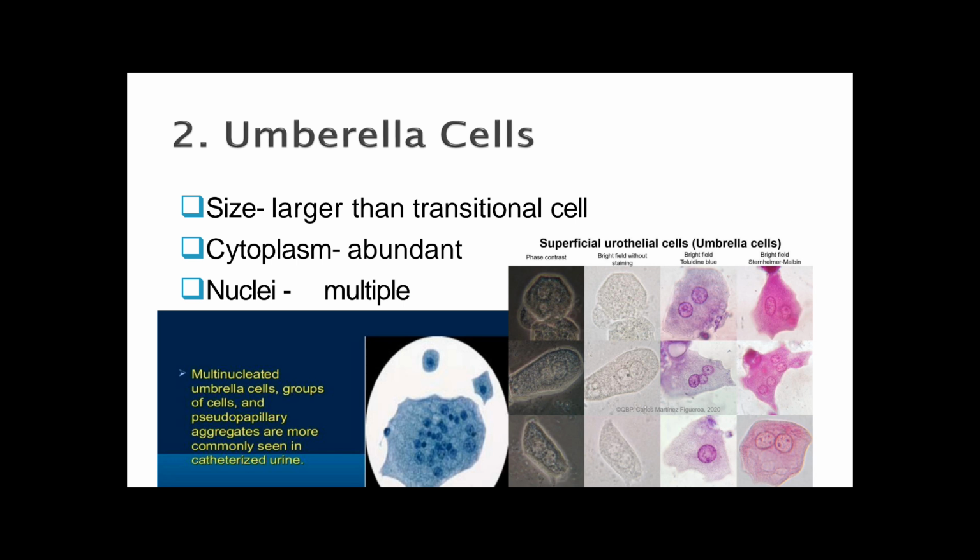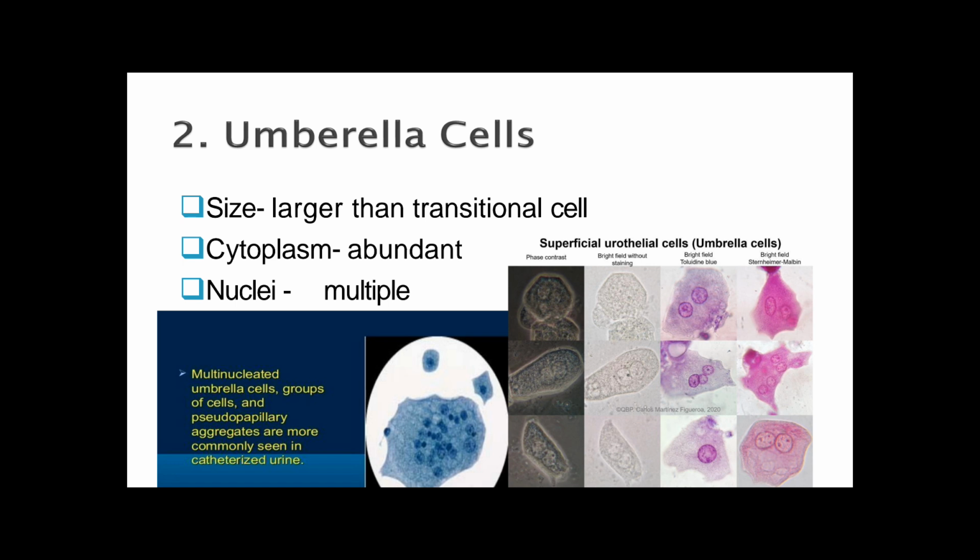So next, the umbrella cell. Here the first cell is the urothelial cell we can observe, and the other one is the umbrella cell. These are normal cells present in urine. They are larger than the transitional cells and have abundant cytoplasm and 2 to 3 nuclei. Compared with the urothelial or transitional cells, the umbrella cells are larger, and the cytoplasm is abundant.